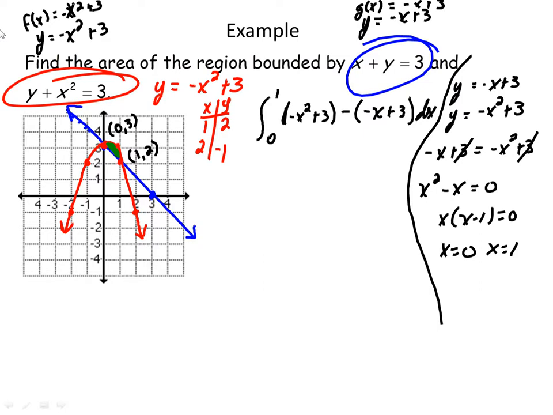And remember, it's always from a to b, so you always want to work from left to right. Since this is an R sub x region, I am going to do top minus bottom. Okay? It's going to be top minus bottom. And so that's how we set this up.